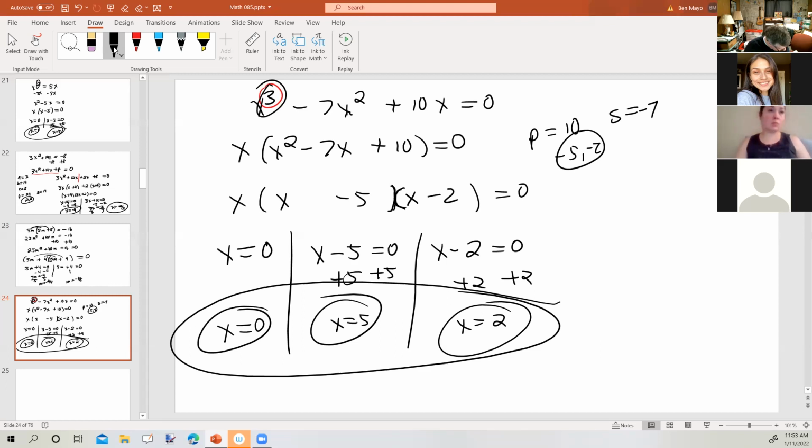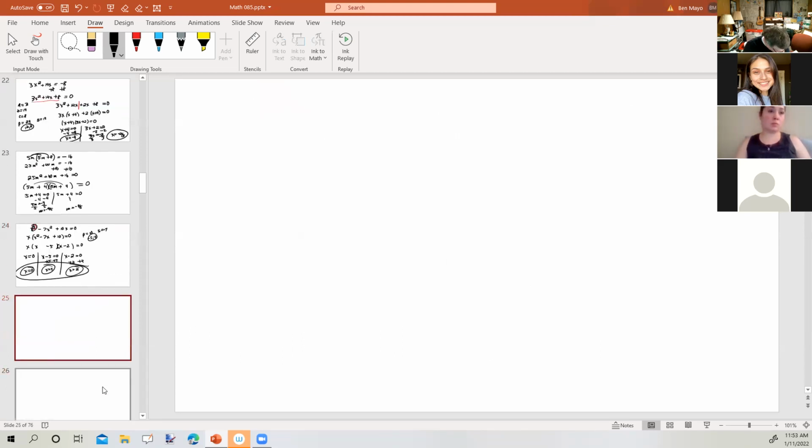Okay, let's see here. What about this one? 9y squared equals 64. Well, this is a second degree equation, but it's not in standard form. So let's subtract 64 from both sides of the equation.